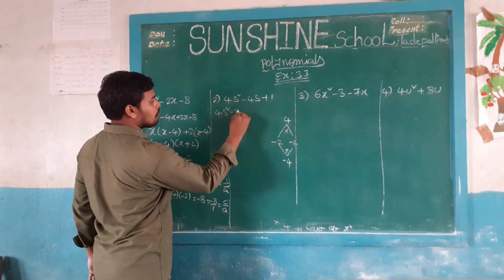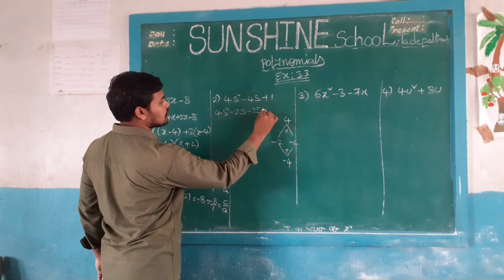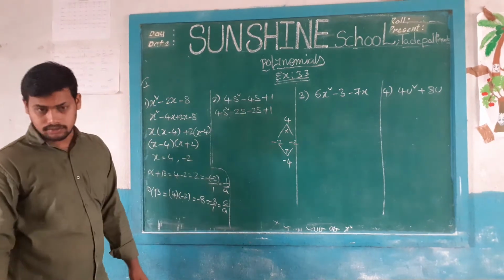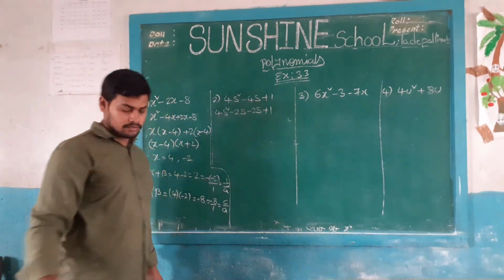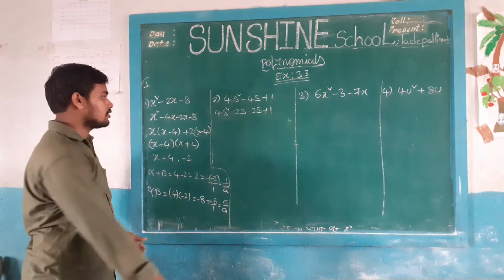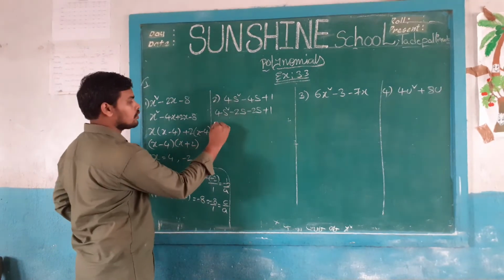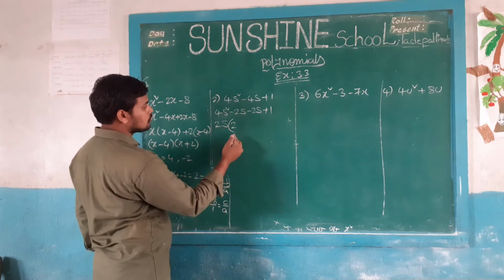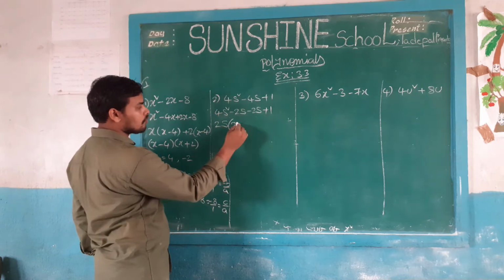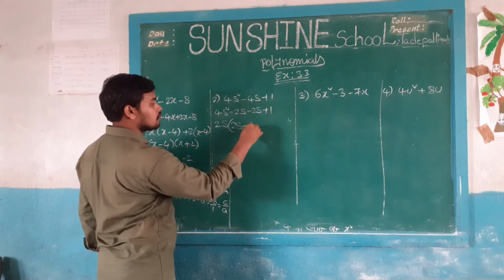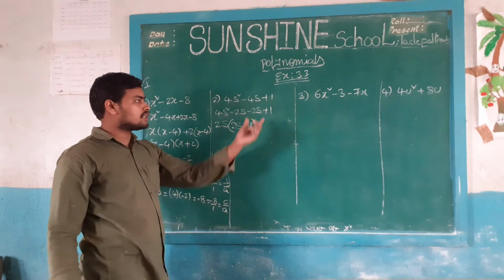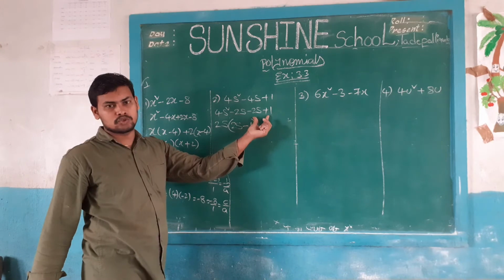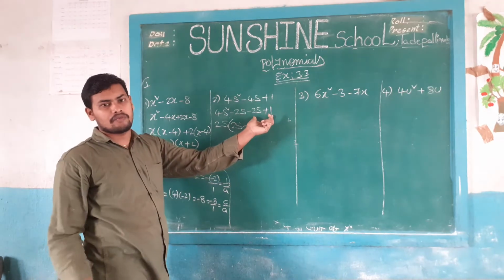4s square minus 2s minus 2s plus 1. So what is the common term here? Here 2 and s are common terms. So 2s into 2s is 4s square, only one s is there, minus 1. Then what is the common term of these both terms? There is no common term. So generally 1 is the common factor of any two terms.